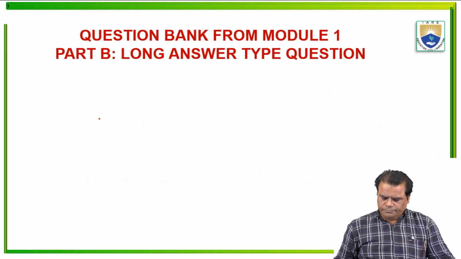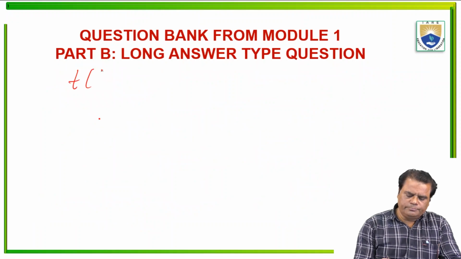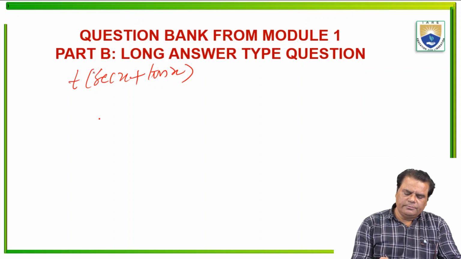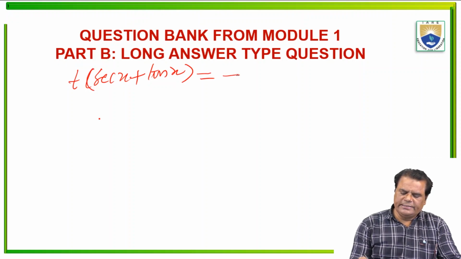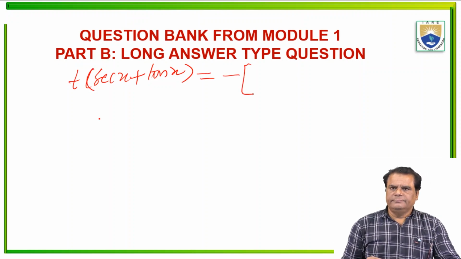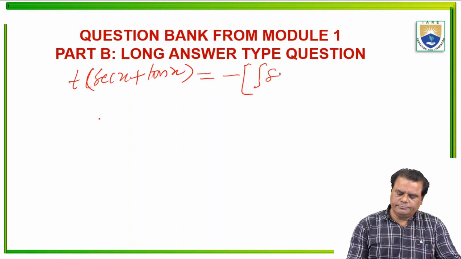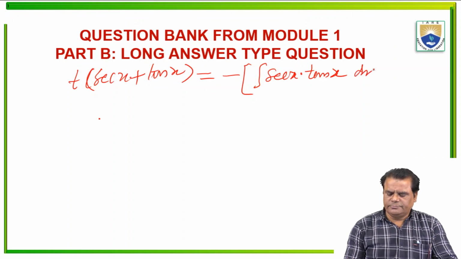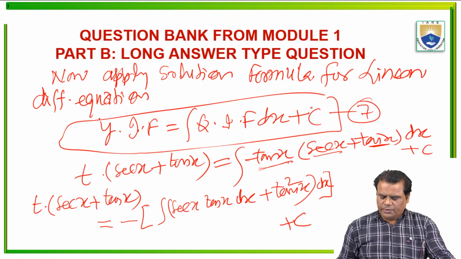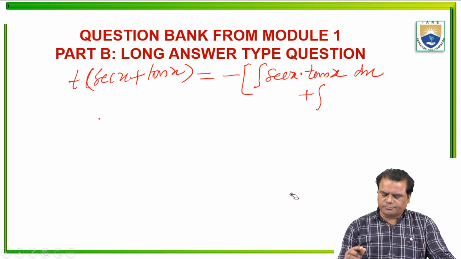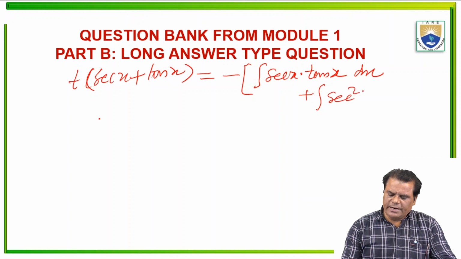So now t into (sec x plus tan x) equals minus, integration of sec x tan x dx plus integration of tan² x, so I am writing (sec² x minus 1) dx, plus C.